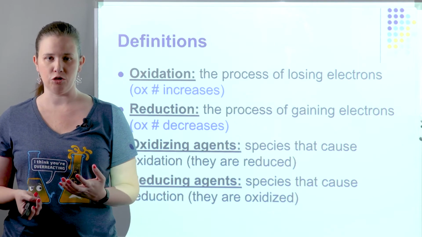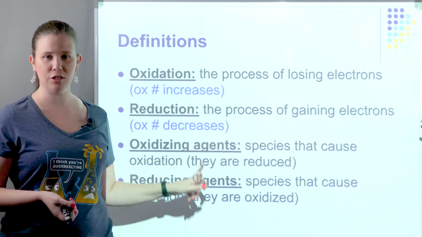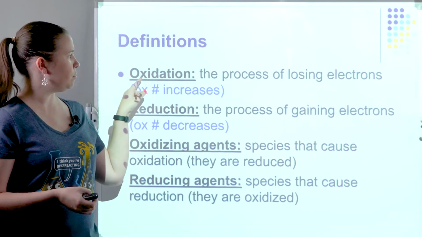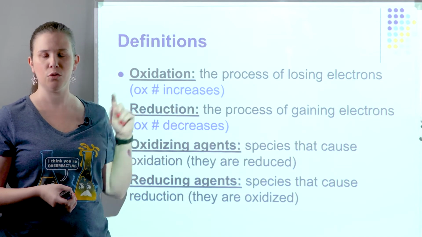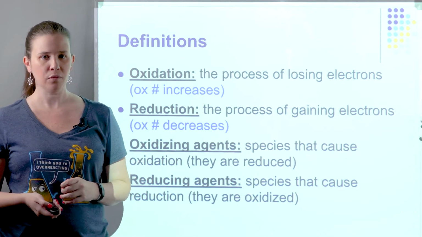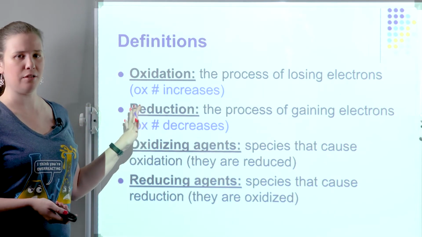So this can get a little bit tricky. The other thing that you want to watch out for is when I'm talking about agents, like reagents, I want to know the entire chemical. Whereas if I'm talking about what is being oxidized or what is being reduced, I would be talking about an individual atom.